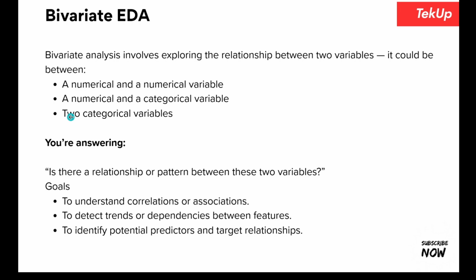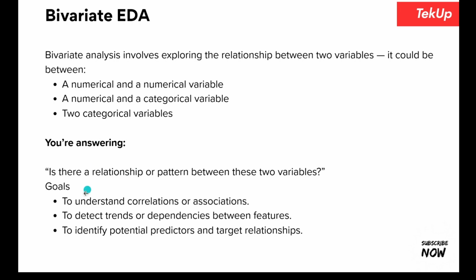It could be between a numerical and a categorical variable, or it could be between two categorical variables. Now, when we are performing our bivariate EDA, we are trying to answer, is there a relationship or pattern between these two variables?